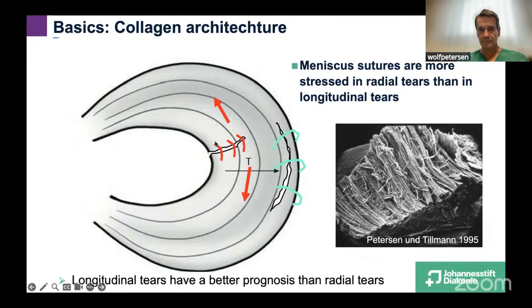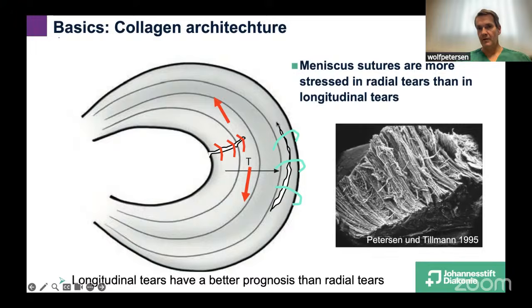And this collagen fiber texture has some clinical relevance, especially regarding meniscus suture, because the force which acts on the meniscus tends to extrude the meniscus to the outside, but the meniscus cannot resist this extrusion because it's fixated in the region of the anterior and posterior horn. But that leads to this circular hoop stress.